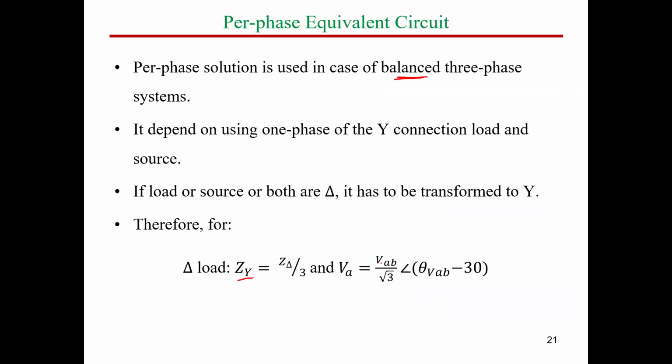Someone can say in delta connection, we have V phase equals V line. This is correct. But now we don't have delta anymore. I'm converting delta to Y, so I need to get the equivalent Y. And the equivalent Y would have phase voltage different from line voltage.